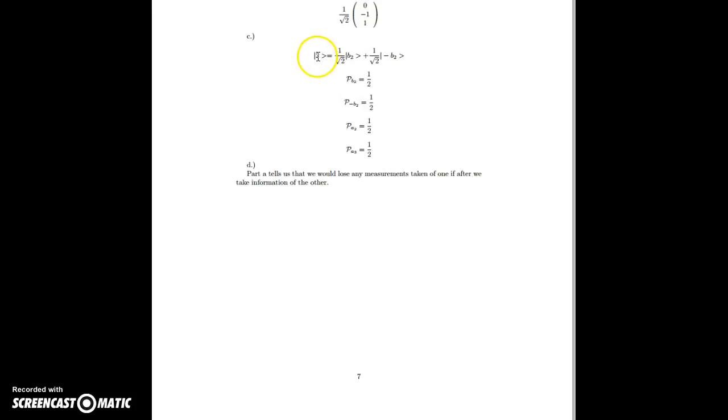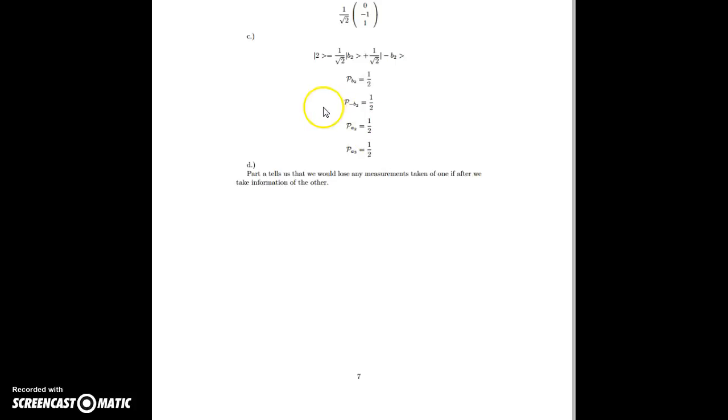So in state 2, it is 1 over square root of 2 times ket B2 plus 1 over square root of 2 times ket minus B2. So for the probability of B2, it's just 1 over square root of 2 squared, so we get 1/2. And for the probability of minus B2, we get 1 over square root of 2 squared, which is just 1/2.